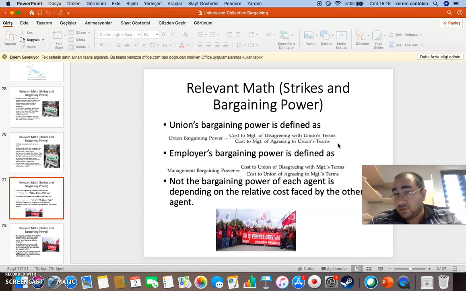What will the union do? In what terms will it be costly for the management? And the cost of management agreeing to union terms. I mean, if they agree, then what they will lose, compared with their offer, what will be the additional cost for the management. The more the cost of disagreeing with union terms increases, the more the union's bargaining power will be.